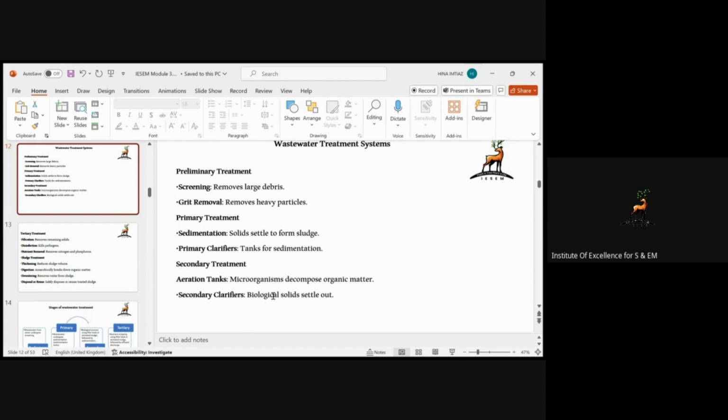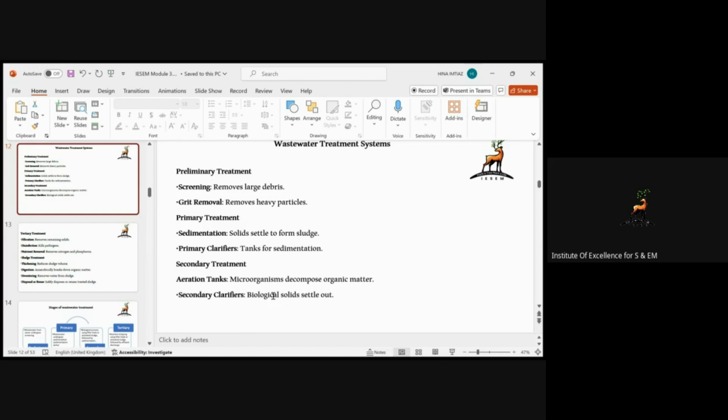So there are two processes you can use during the secondary treatment to remove the dissolved material: the filter beds and the activated sludge. The filter beds are where the wastewater is sprayed slowly over beds of broken stones or gravel to increase the surface area needed for the speedy oxidation process.